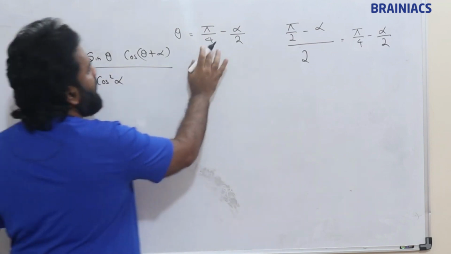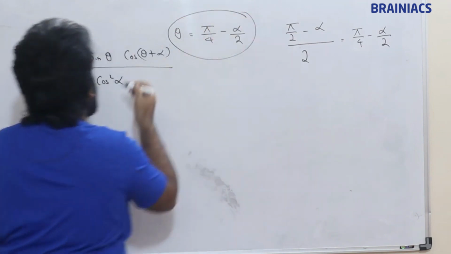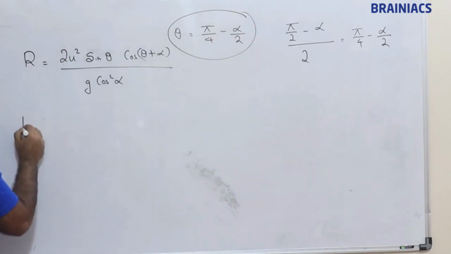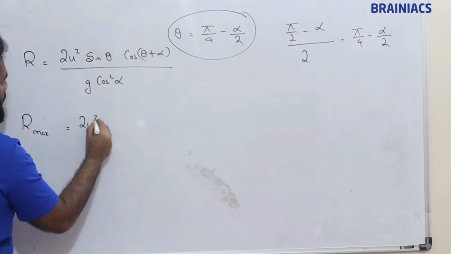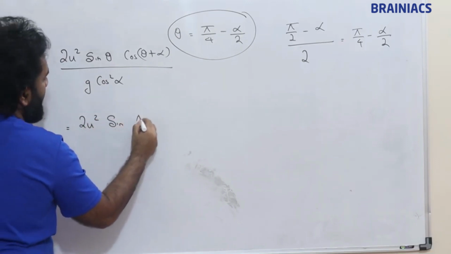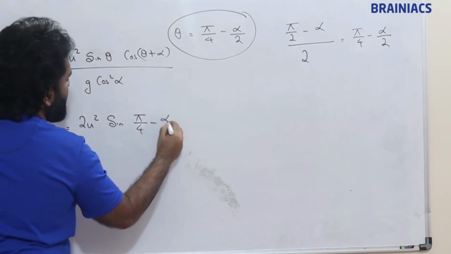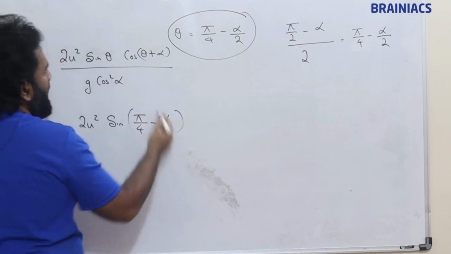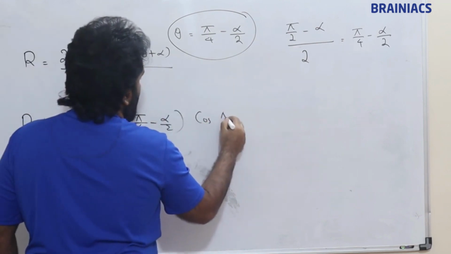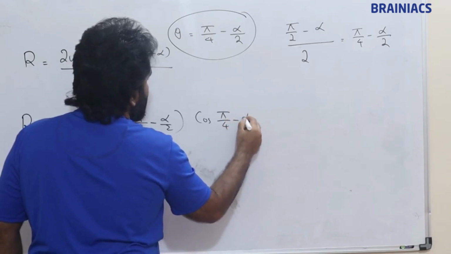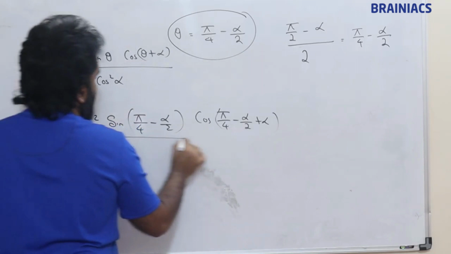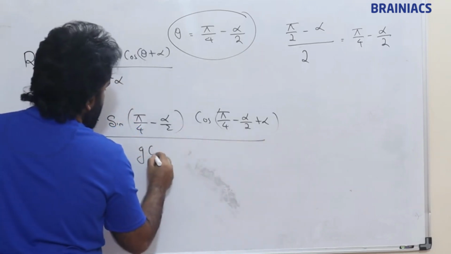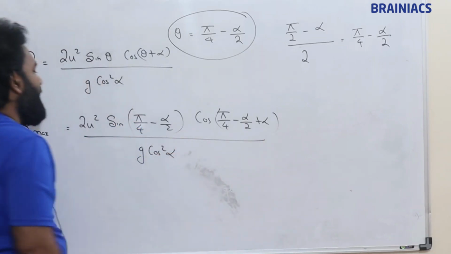Now we will substitute this theta here. So R max is equal to 2 U square sin of pi by 4 minus alpha by 2, into cos of pi by 4 minus alpha by 2 plus alpha, divided by G cos square alpha.